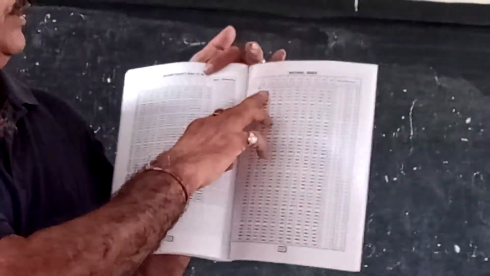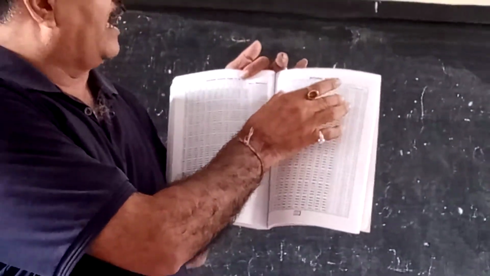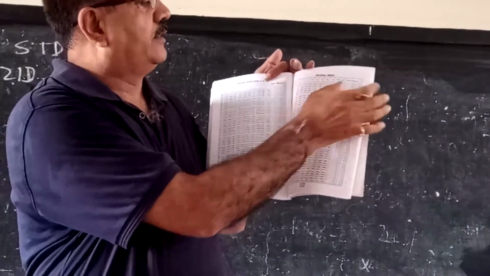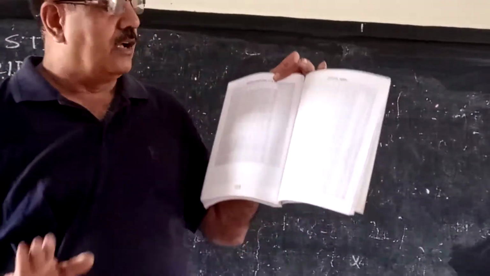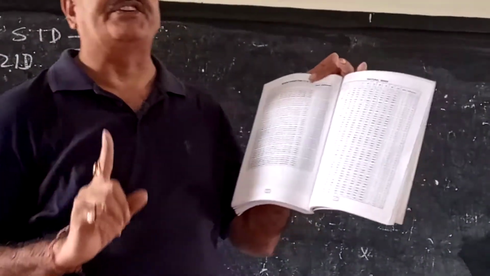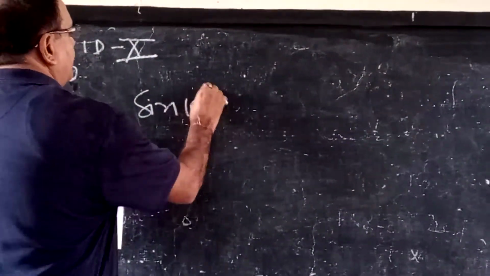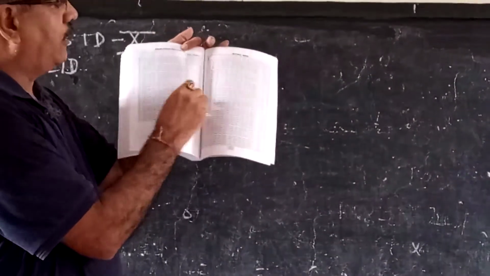Now here, see. 1, 2, 3, 4, 5, 6, 7, 8, 9, 10, 11. These 11 columns are given. That is natural sine, sine value. Then mean difference is given. So how will we see the value? Suppose you have to find sine 18 degree. 18 degree is here in the extreme left column.